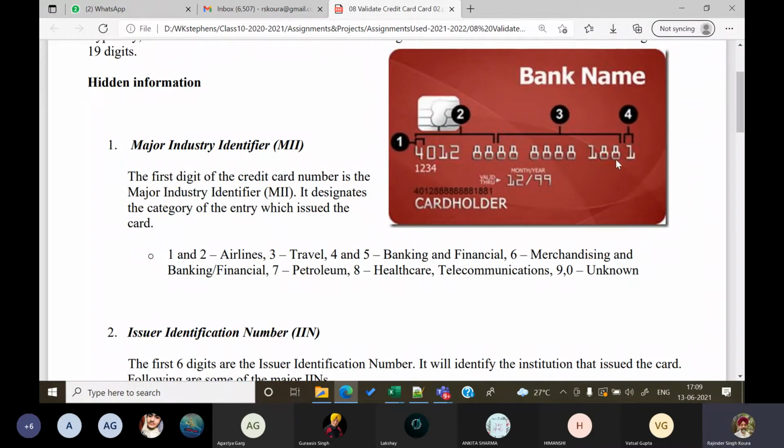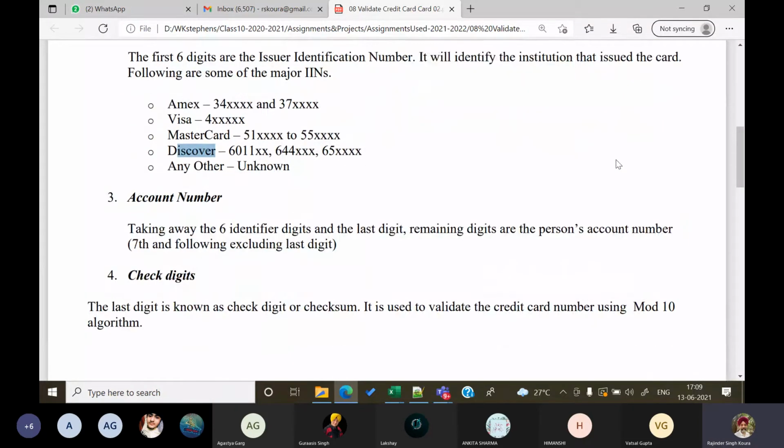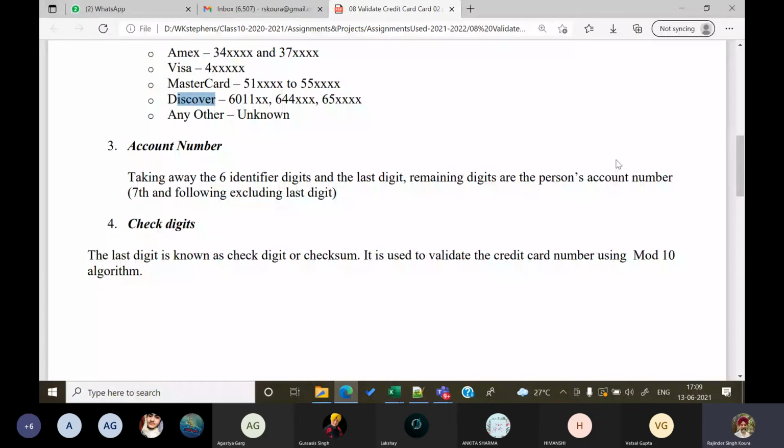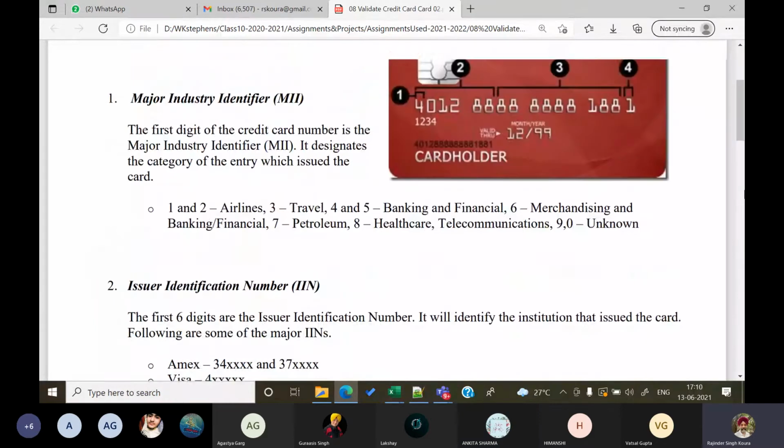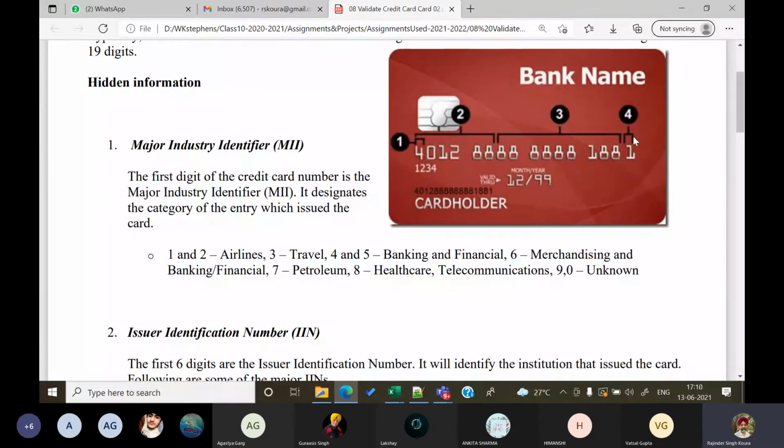Am I okay here, everybody? I'm just explaining this to you. This is not rocket science. The last digit, ये जो 1 लिखा हुआ है ना साथ में, जो number 4 category में आ रहा है, that is called a check digit. We'll discuss this check digit in the next step.